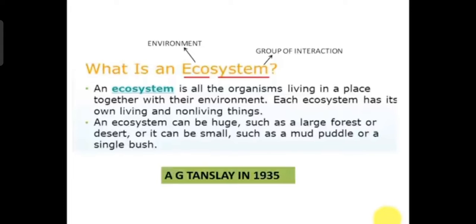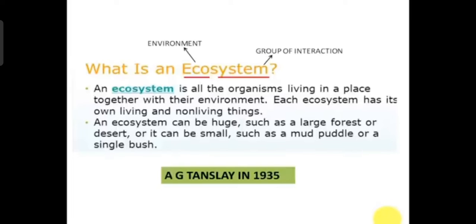So if we combine the terms eco and system, it becomes that environment where a lot of interactions are taking place. That is called an ecosystem. And that is why I said this is the interaction between living and non-living organisms, between the nutrients, between the gases. So everything all together constitutes an ecosystem, right?